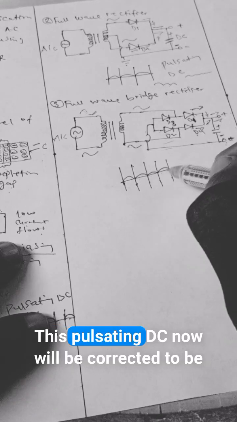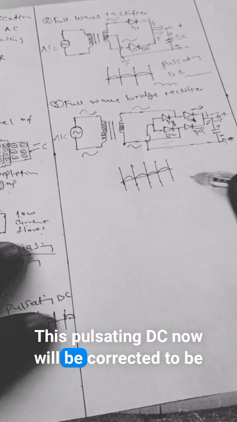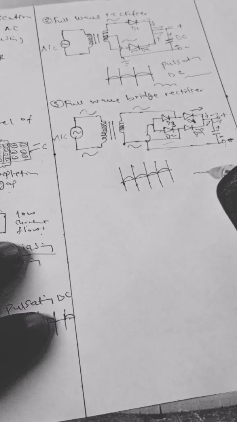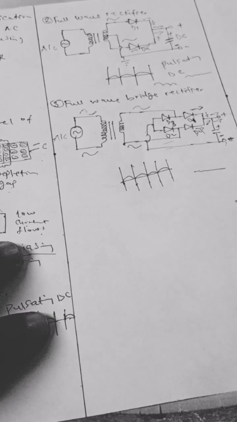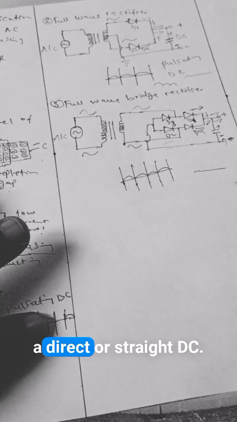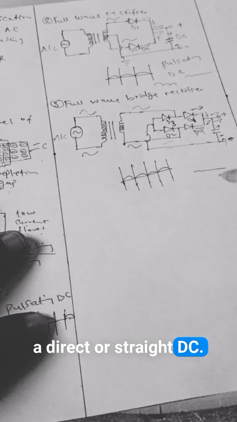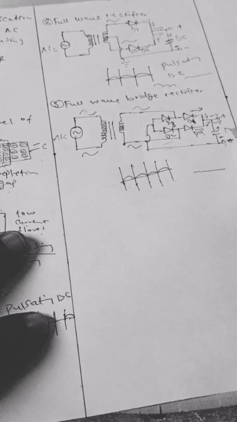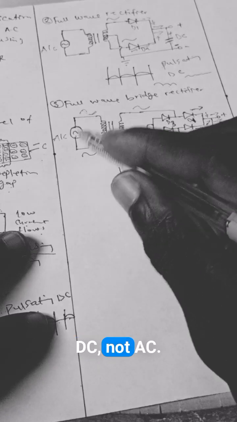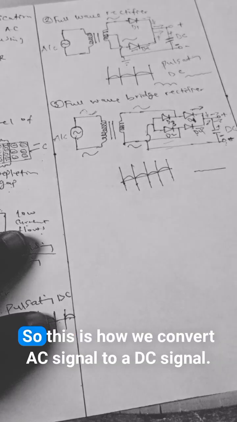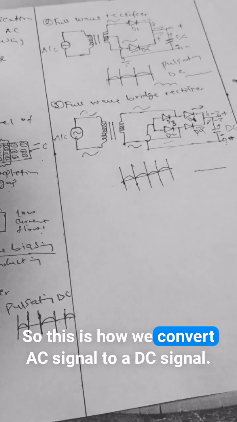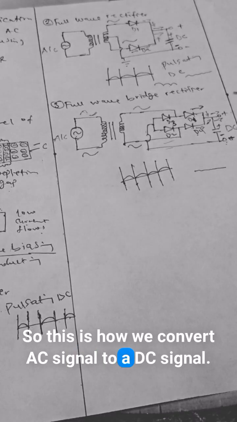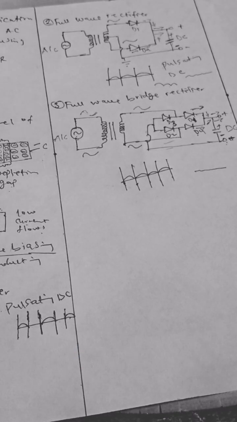This pulsating DC will now be corrected to be a direct or straight DC. So in this case our output here will be DC, not AC. So this is how we convert an AC signal to a DC signal.